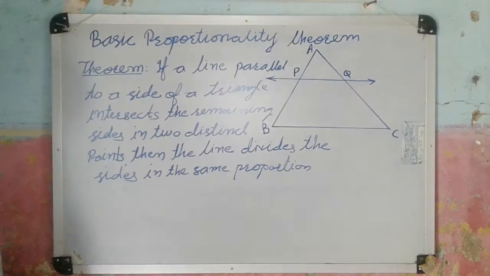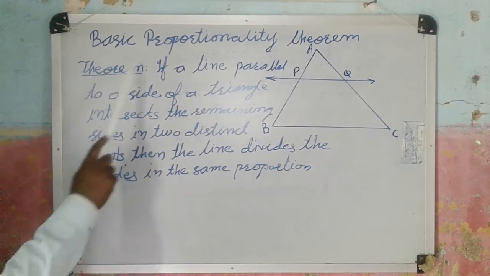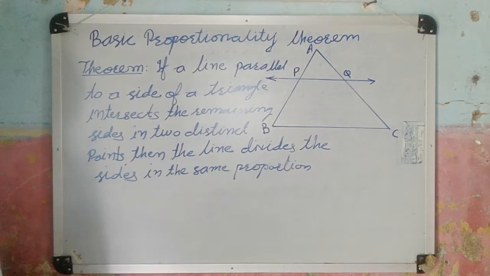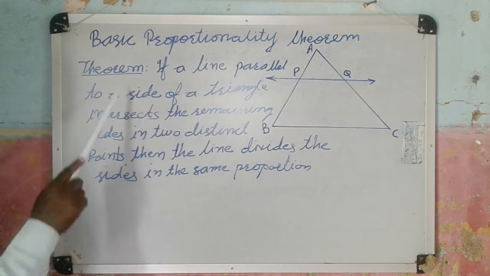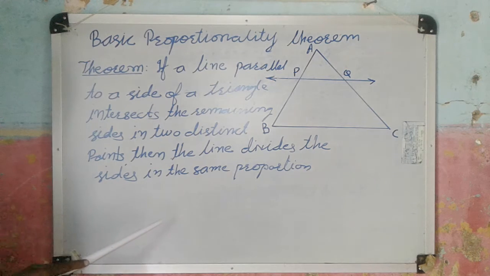Now in this period we are going to learn one important theorem. We will prove this theorem using these properties. The Basic Proportionality Theorem. Now we are going to learn this theorem and we have to prove it.